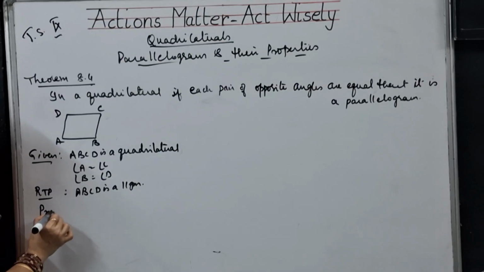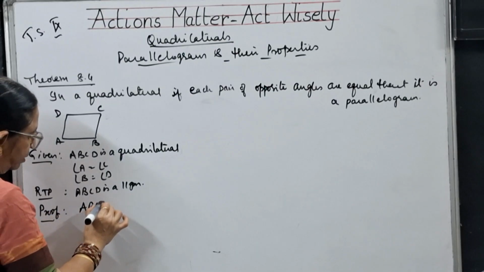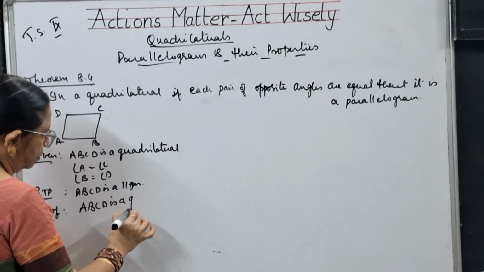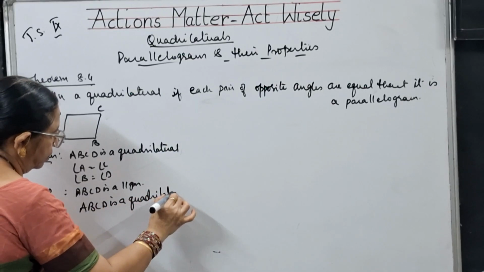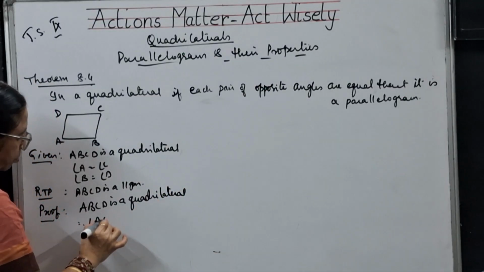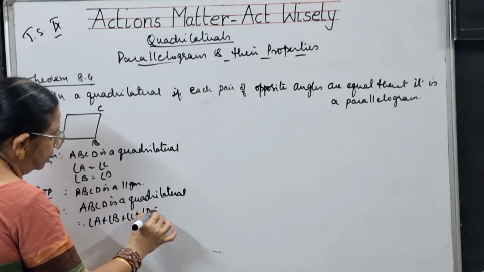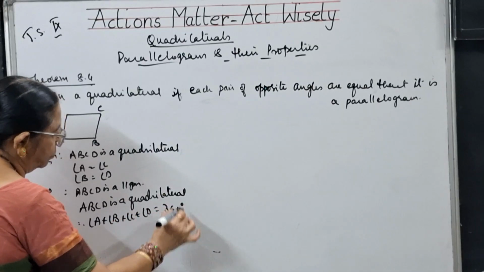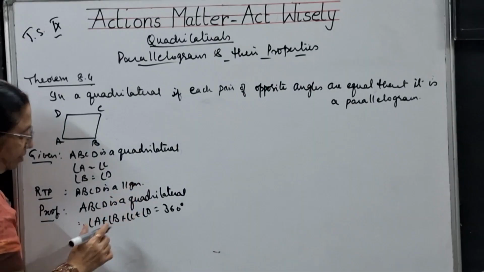Now let us start with the proof. We know that ABCD is a quadrilateral. Therefore, angle A plus angle B plus angle C plus angle D is 360 degrees. We know that the sum of all the angles of a quadrilateral is 360 degrees.